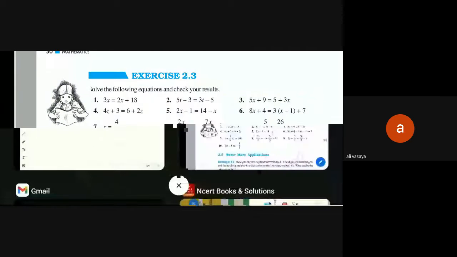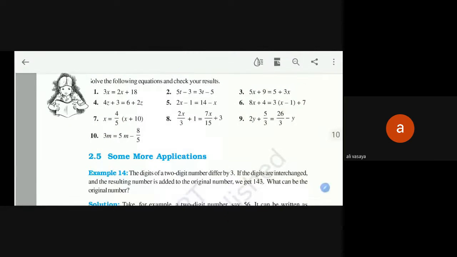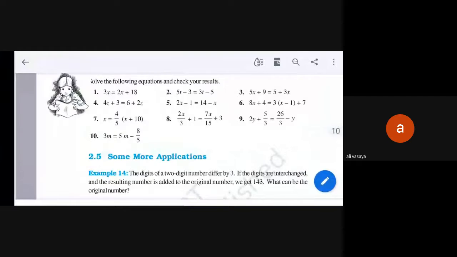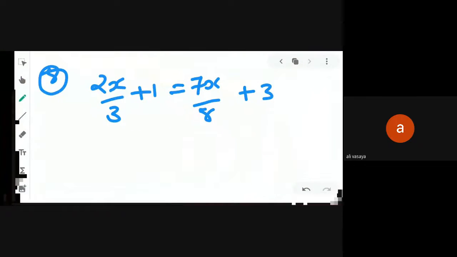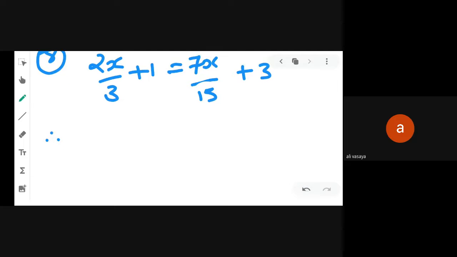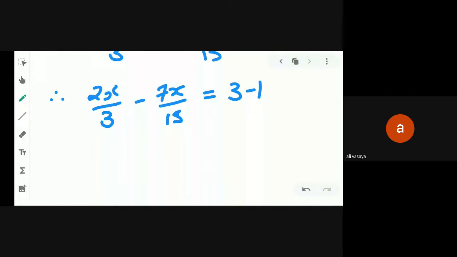It is given that 2x by 3 plus 1 is equal to 7x by 15 plus 3. Sorry, 7x by 15, it's not 8. So first we are taking variable to the left side. So 2x by 3 minus 7x by 15 is equal to, we are taking 1 to the right side, so it becomes 3 minus 1.